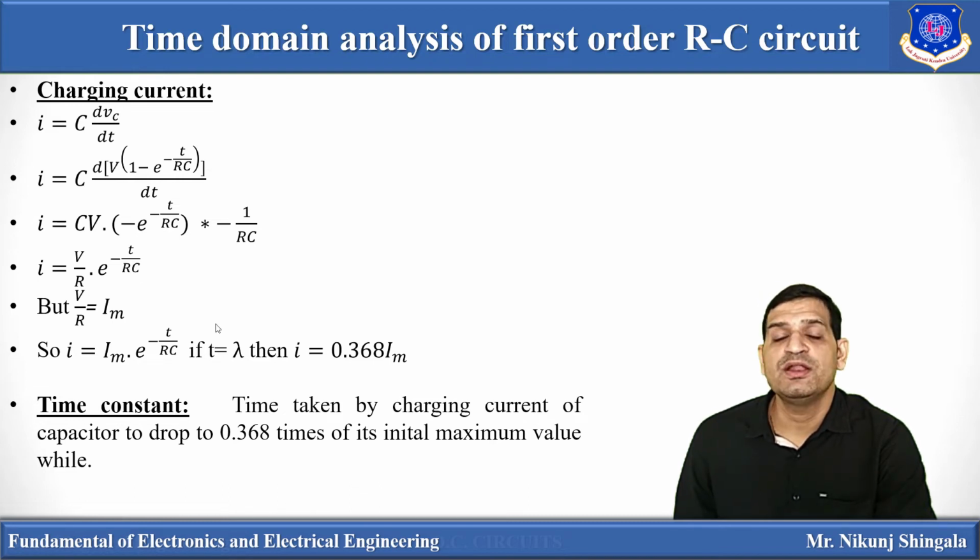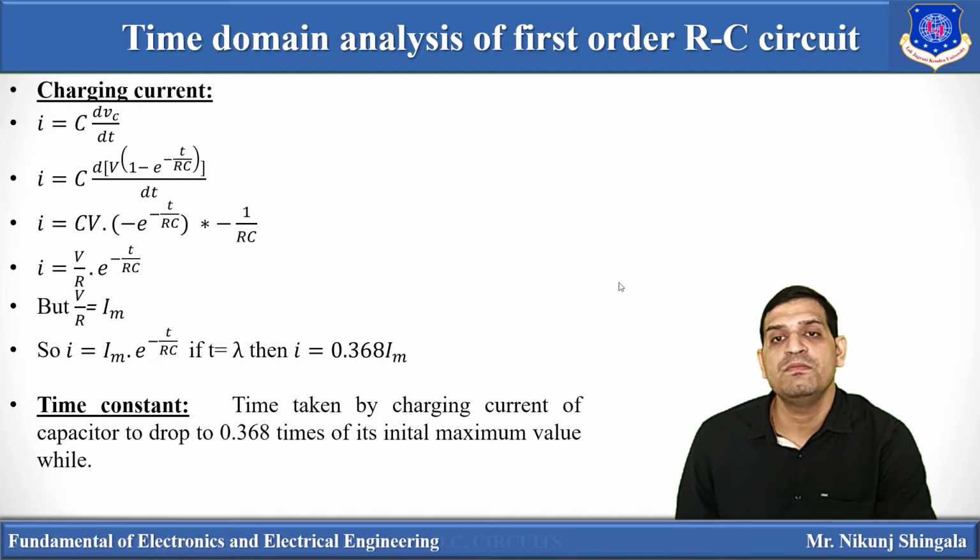Because the capacitor voltage will reach the voltage of the battery, that is V. So as there is the same potential between the 2 points, the current flowing will start to decrease. So in this case, the time constant is defined as the time taken by the charging current to drop to 0.368 times of its initial maximum value.